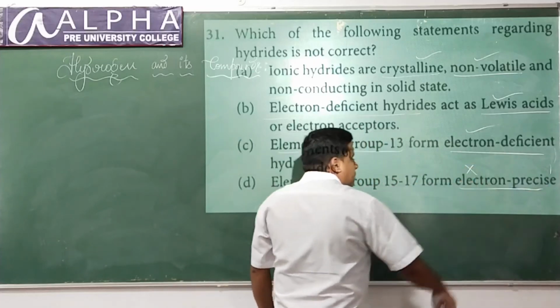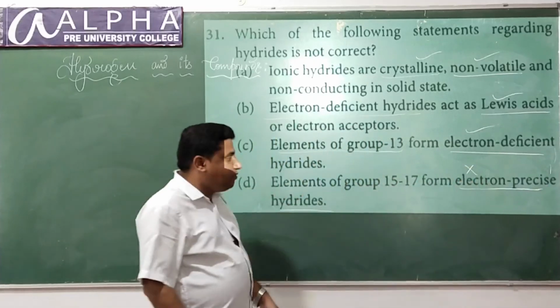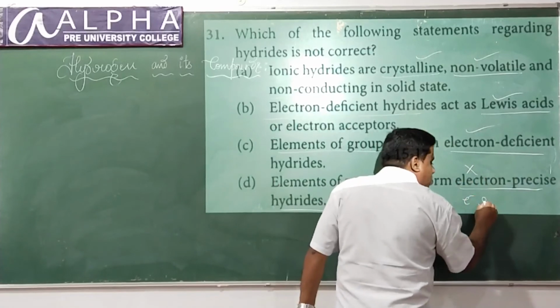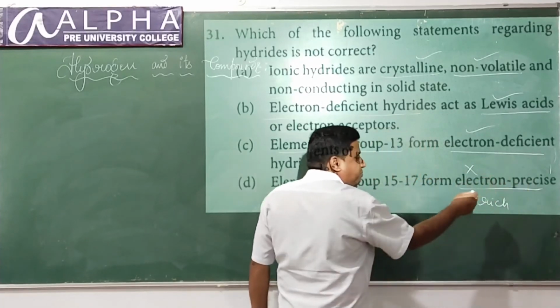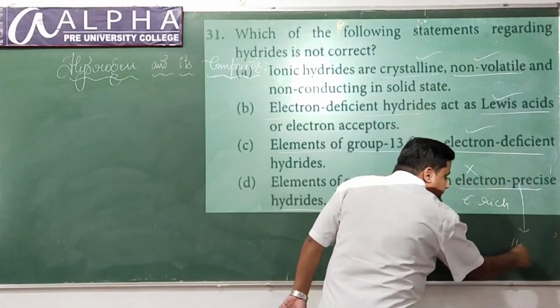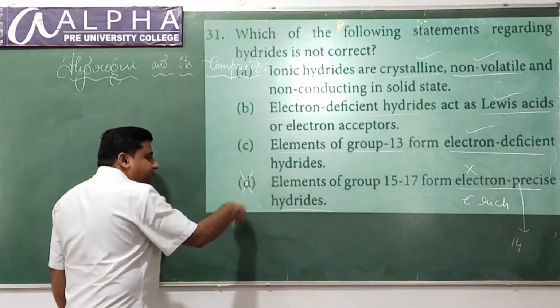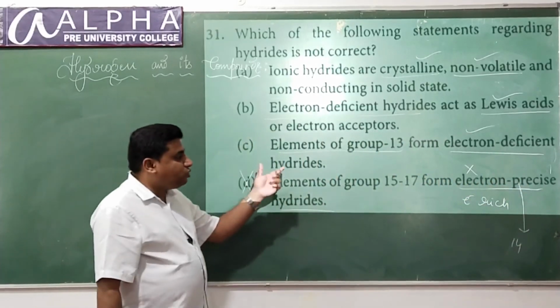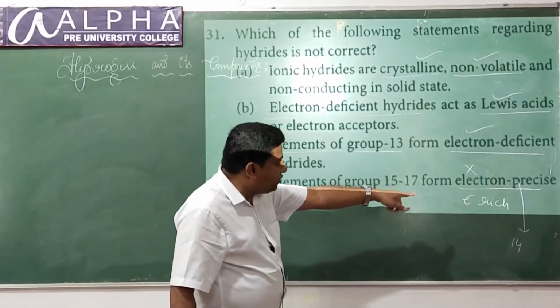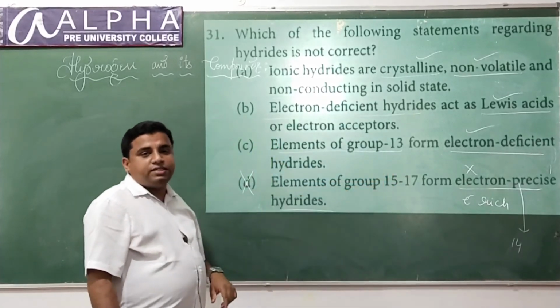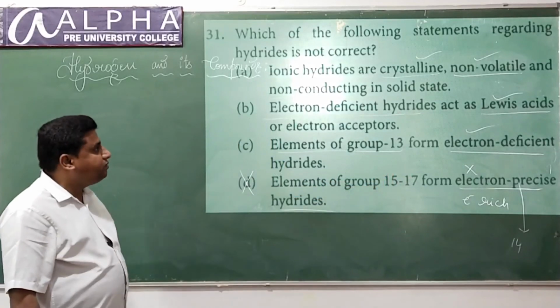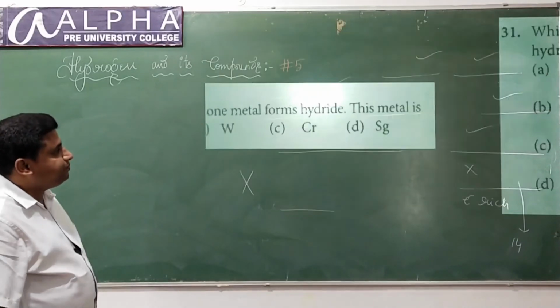No. Elements from group 15 to 17 will form electron rich hydrides. Electron precise hydrides are formed from the 14th group. Therefore the incorrect statement is option D. Understood? Next question.